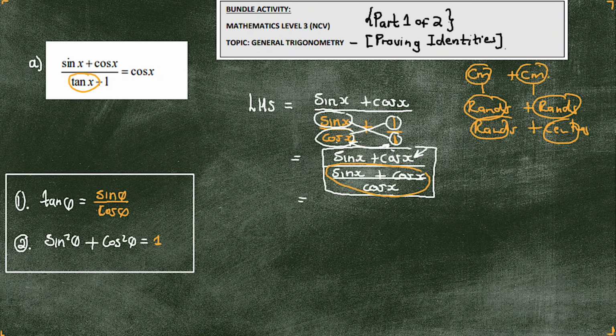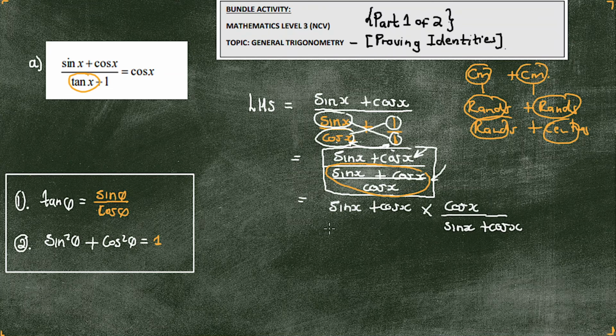You need to simplify this by doing keep, change, flip. I'm gonna take the numerator as is, sine x plus cos x, multiply by the inverse of this fraction, which is cos x over sine x plus cos x.